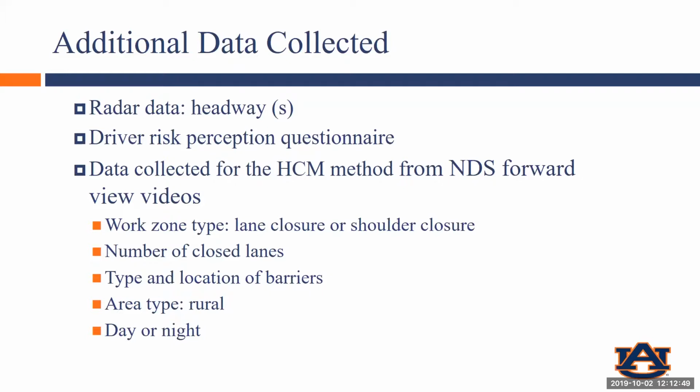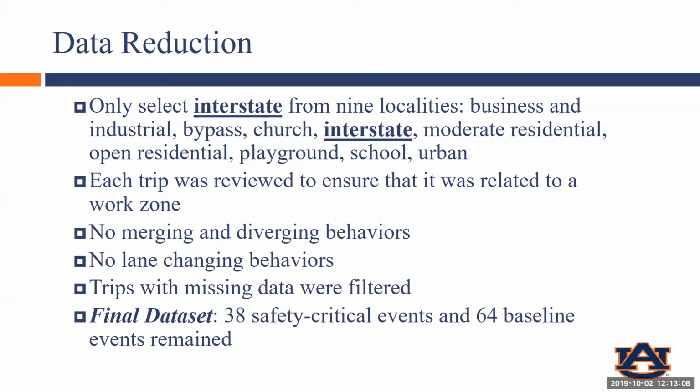All these are the inputs for the Highway Capacity Manual work zone capacity method. If you have all this information, you put it in the HCM work zone capacity estimate method, and you can find out the capacity or the queue discharge rate based on the Highway Capacity Manual definition.